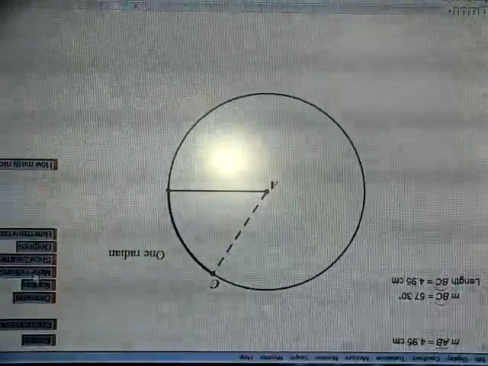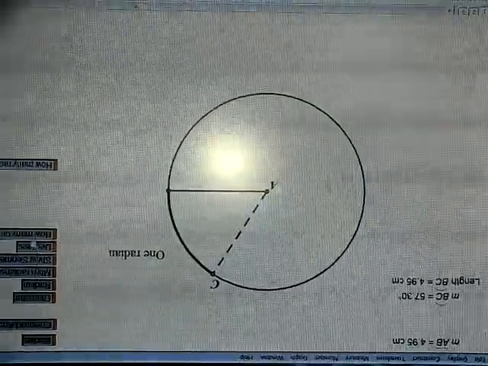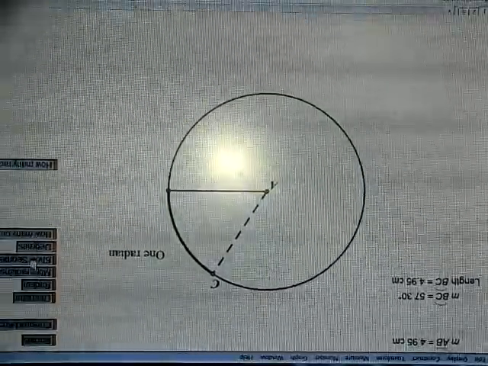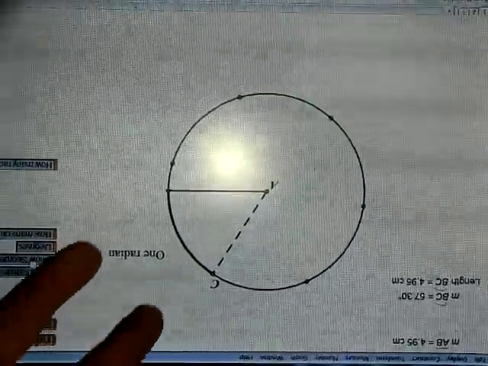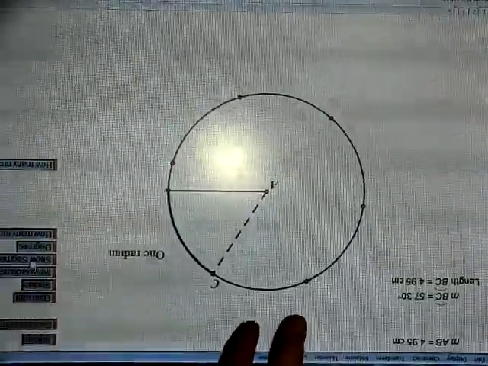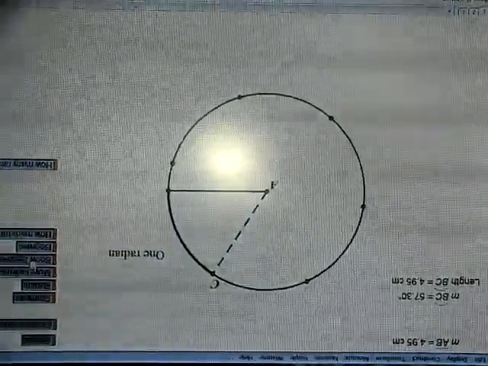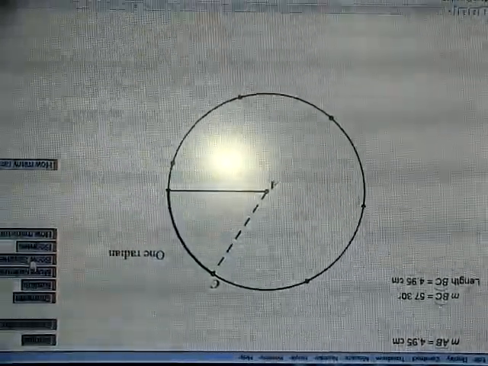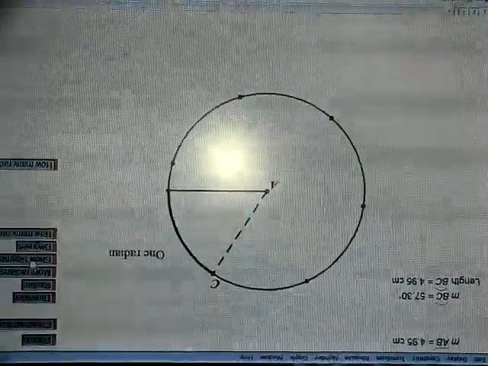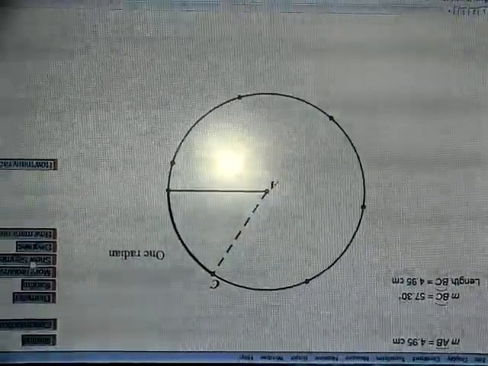So what we can look at here, we would have 1 radian, 2 radian, 3 radian, 4, 5, 6 with a little bit left over. If there are 3.14 diameters, when you start to measure with a radius, there's going to be more of them. There's going to be twice as many of them.